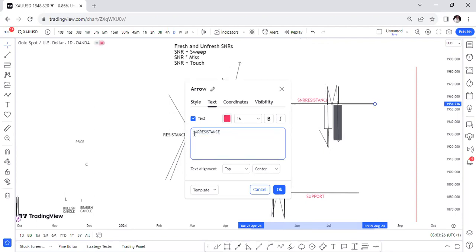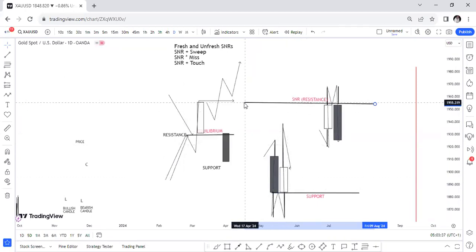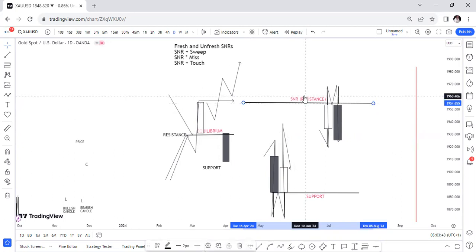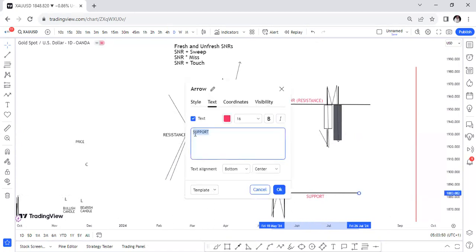Let me put it this way. So that's what we mean by SNR, because I hope you must have understood the logic now: how SNR is created at the upper and the lower level of the market.